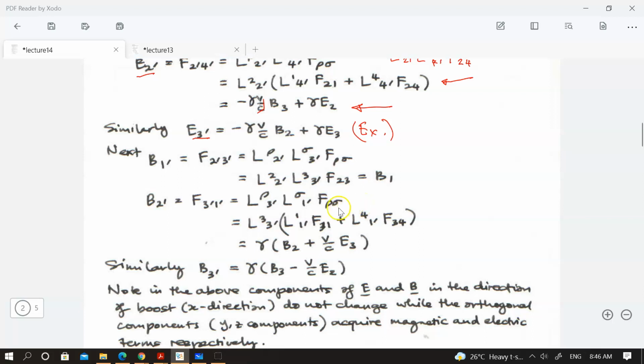Again, one has to be careful. Let's look at the first, inverse Lorentz matrix here. The only non-zero case will be coming from the diagonal ones.